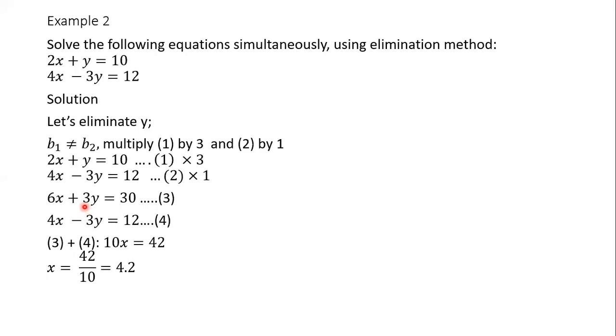Since we have 3y and minus 3y, one positive and one negative, we add the two equations. So by adding equation 3 and equation 4, 6x plus 4x gives me 10x. 3y plus minus 3y will be 0, so y goes away, because 3y plus minus 3y is the same as 3y minus 3y.